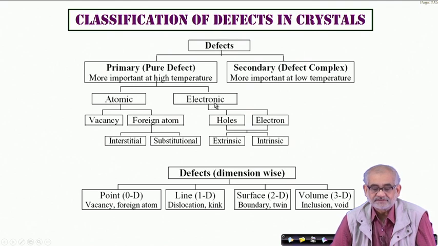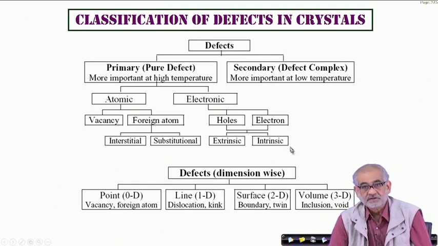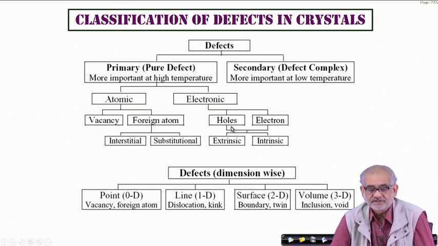And electronic defects could create either a hole, where an electron is missing in a crystal which has a certain band gap, or an excess of electrons. So either holes or electrons could be extrinsic or intrinsic, depending upon the compositional variation of the system. By increasing the temperature, you can create differences in the density of electrons or holes, or by changing the composition, you can create a similar defect density.